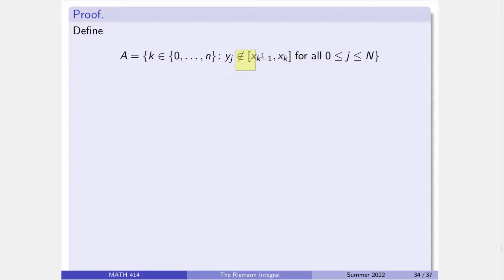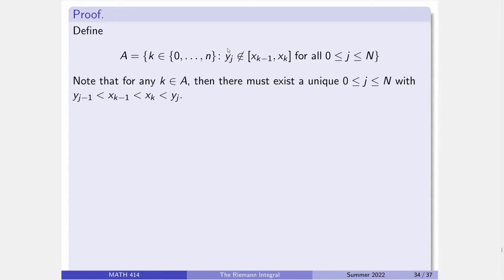Look at all of the indices so that the subintervals don't include anything out of y. And note that there would have to be some of these, potentially, or they're all the same. So what we're doing here is basically looking at the subintervals for the partition P that have nothing to do with the initial subintervals for the partition R.